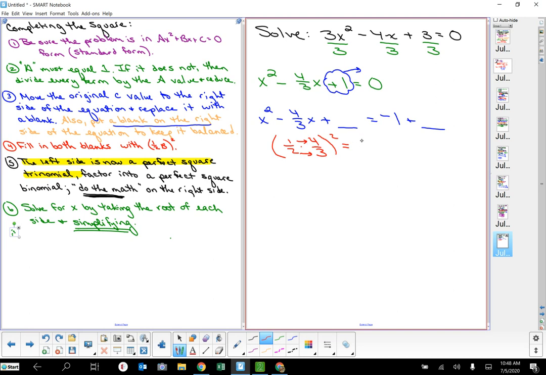So this is going to give us 4/6. You should reduce that to 2/3. And when you square a fraction, you just square the top and square the bottom. So you get 4/9. And so that 4/9 is going to go into both blanks.